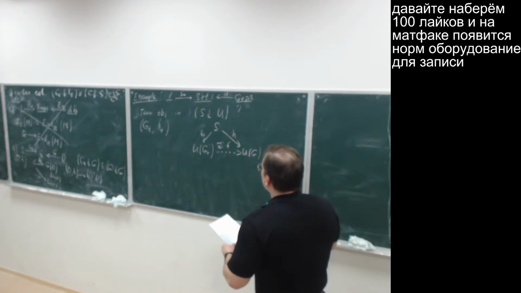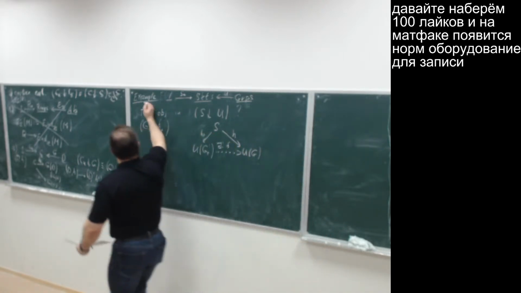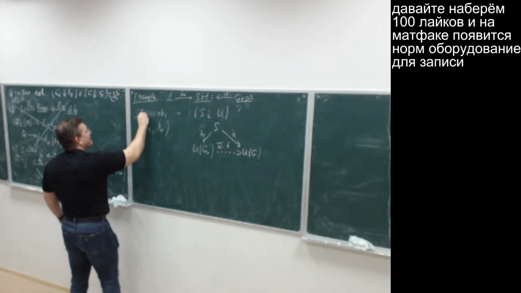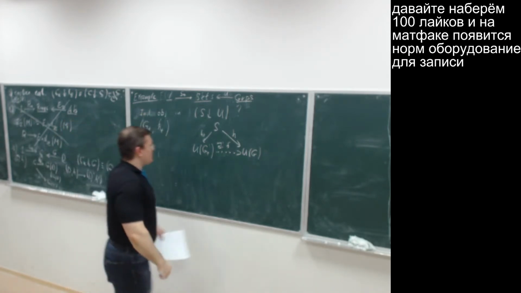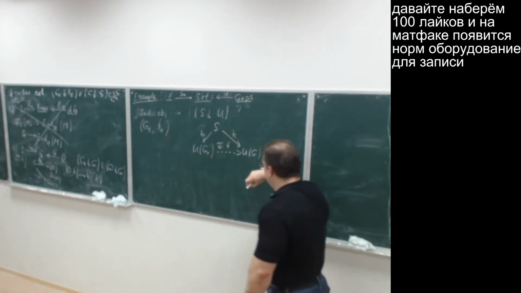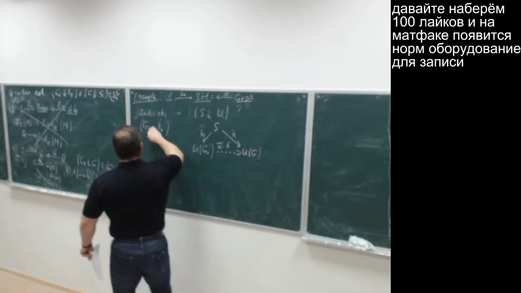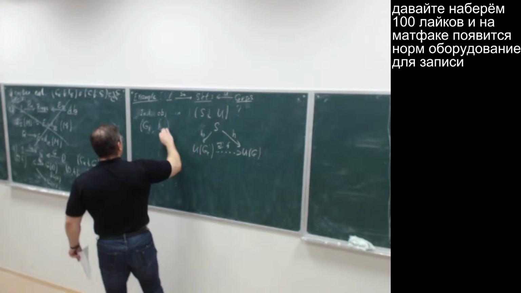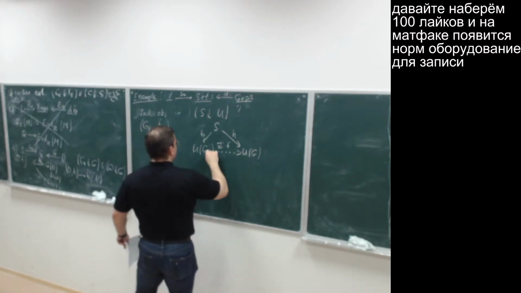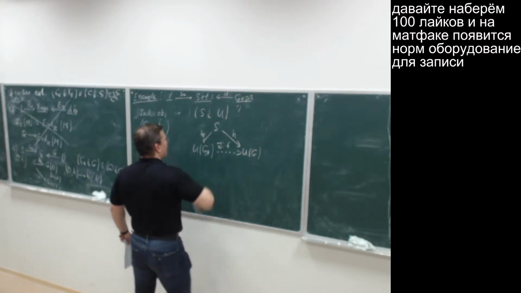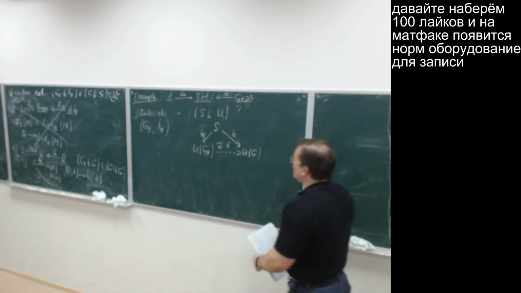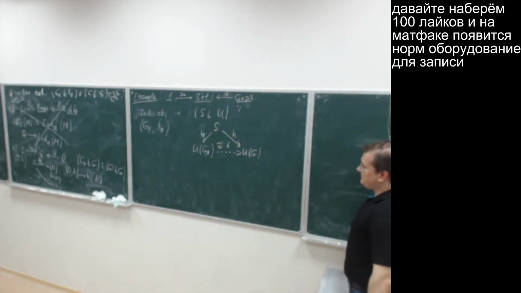Terminal, sorry, I don't want terminal, I want initial objects in this category. And of course, it doesn't make sense now to call this T, so let's call this I for initial. Okay, that's the definition of initial object.